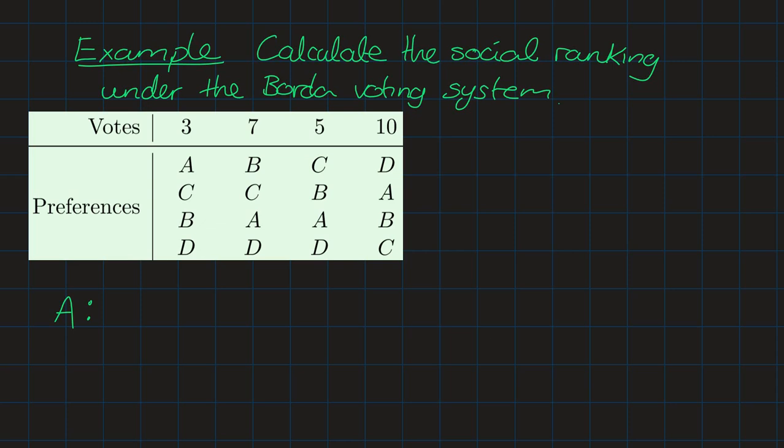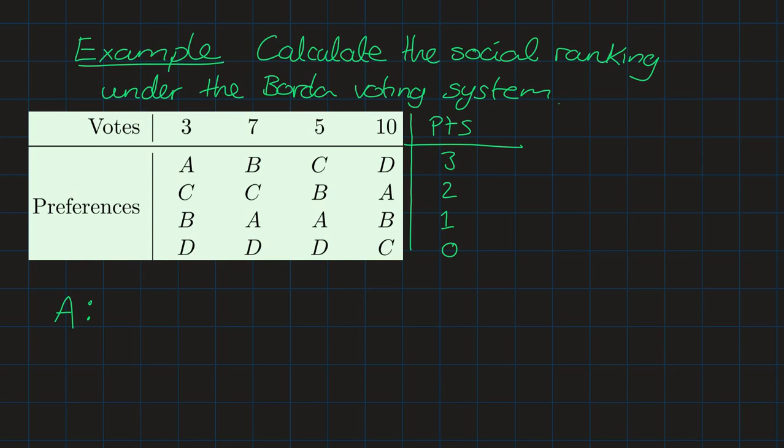Personally, I find it useful to add an extra column to the table so I can keep track of how many points are assigned for each row. In last place you get 0 points. If you come second to last you get 1, third to last you get 2, and if you come in first place you get 3 points.